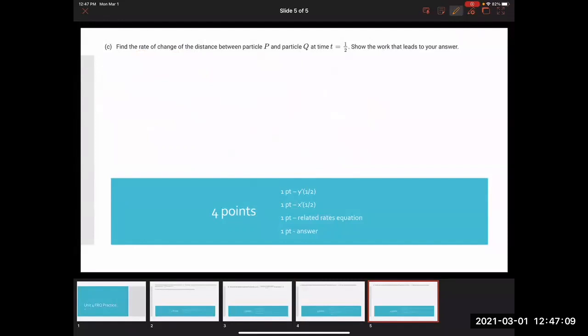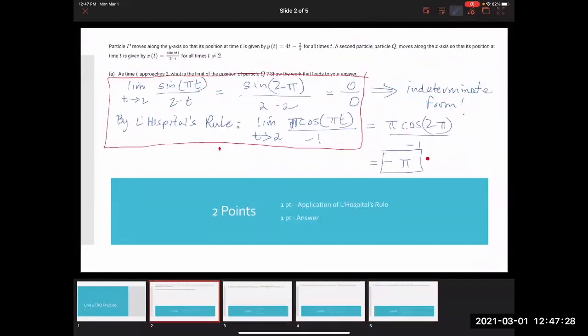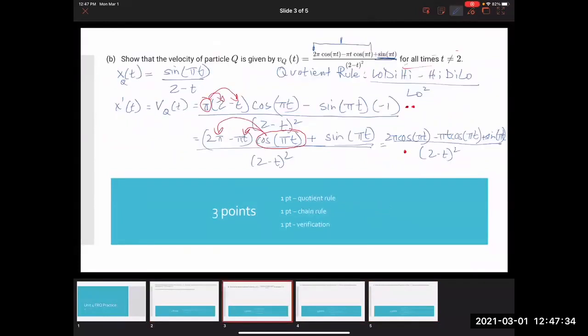So we're going to find x prime of t at 1/2 first, which means we need to find the derivative of x of t and then plug in 1/2. With x of t, we already did it.